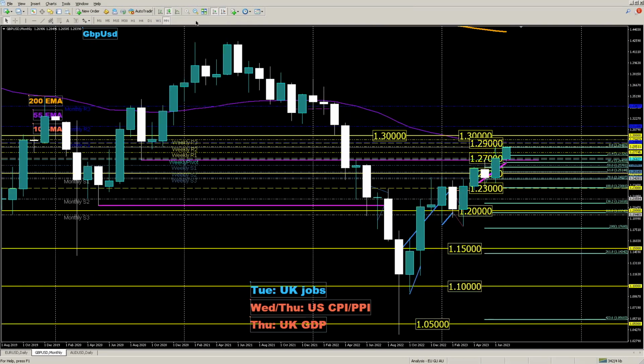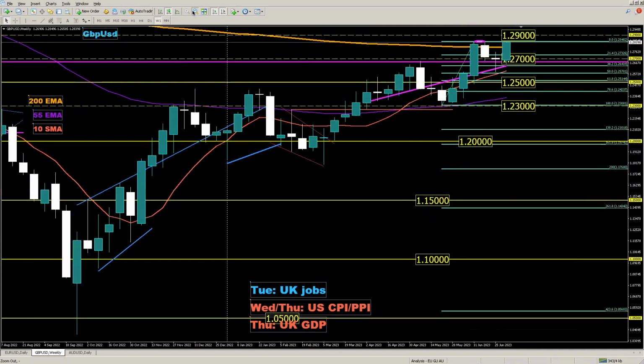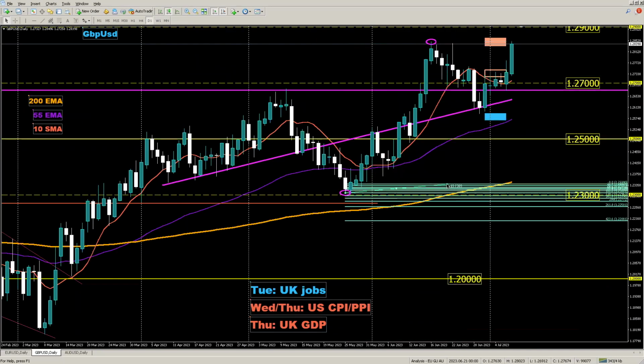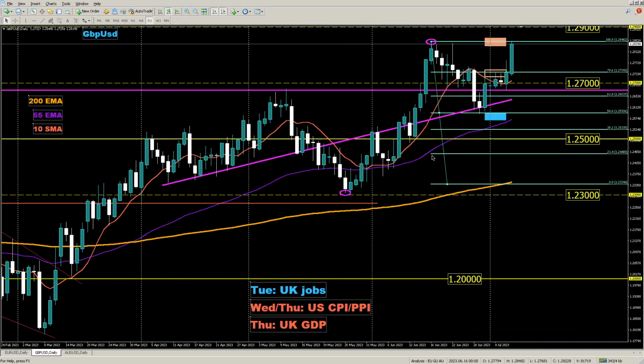On the monthly time frame, it's also pushing up higher towards the monthly 55 EMA above it. Okay, so let's move this retracement around.